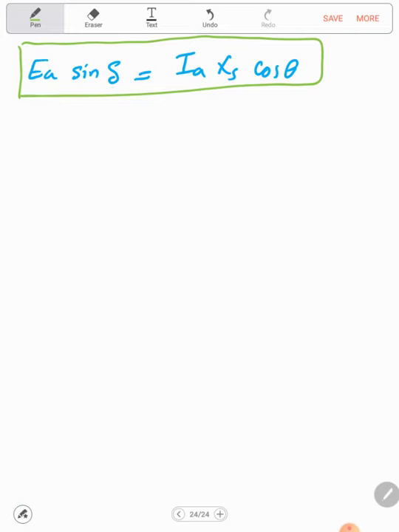If we multiply both sides by VA, the terminal voltage, we get VA EA sine delta is equal to VA IA XS cosine theta.